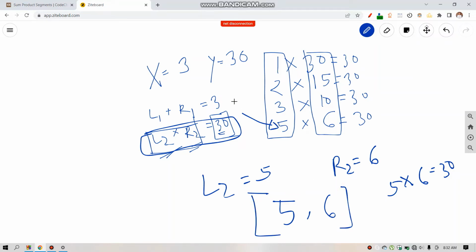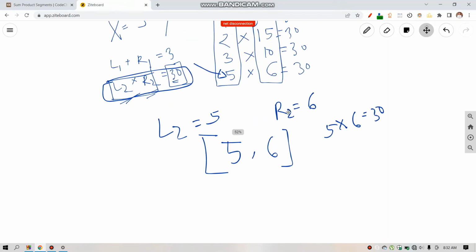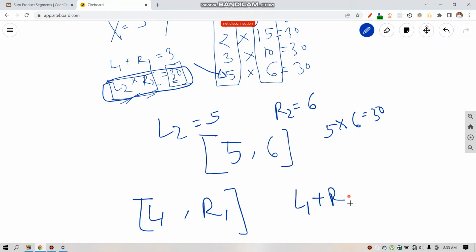Now we have to find another segment L1, R1, and L1 plus R1 should become 3 as it was given in our test case.